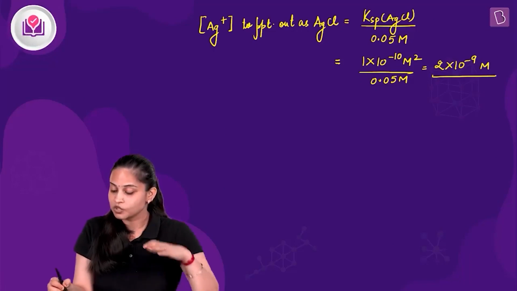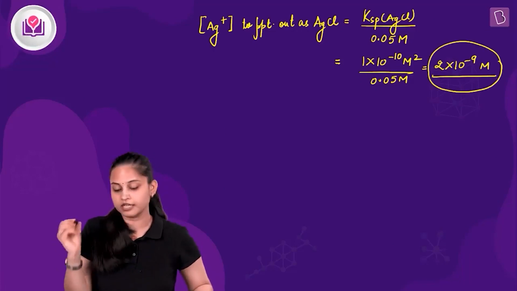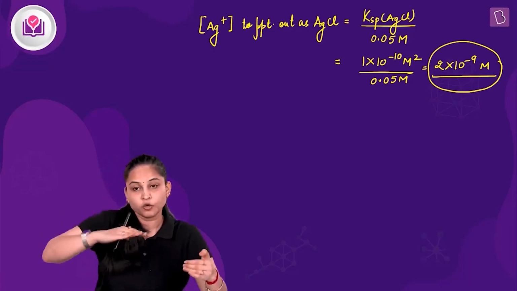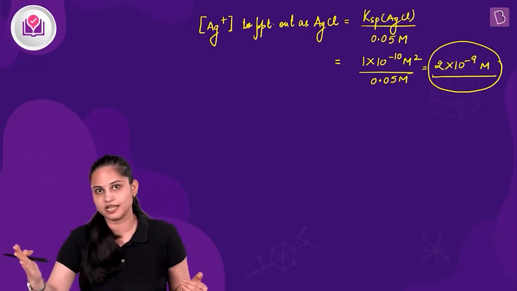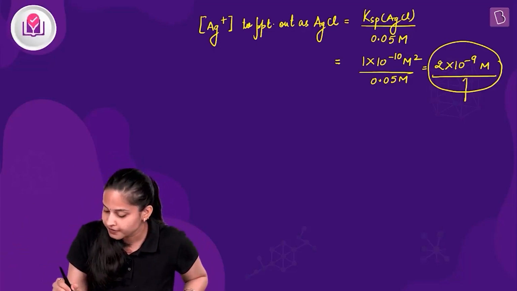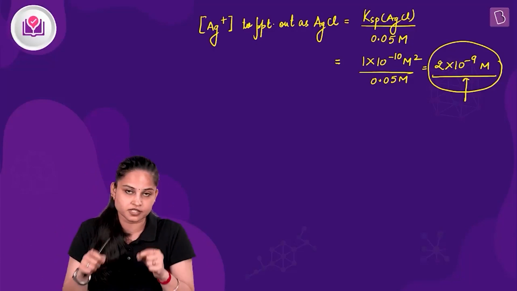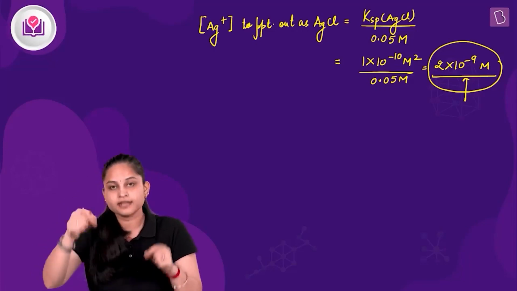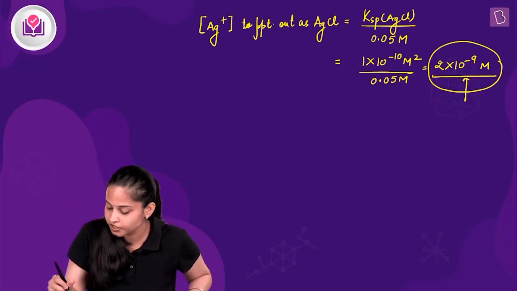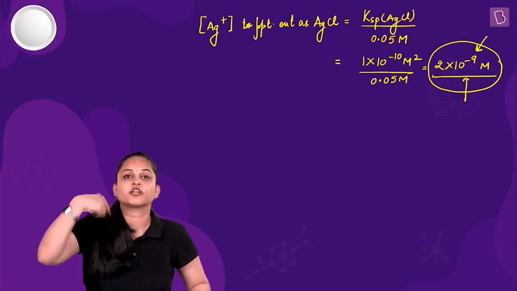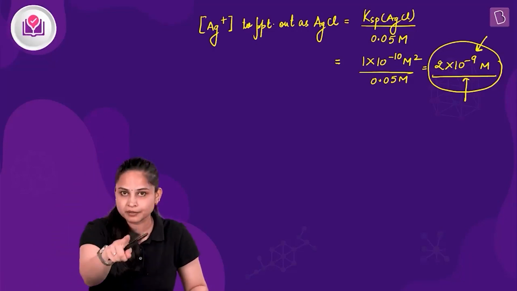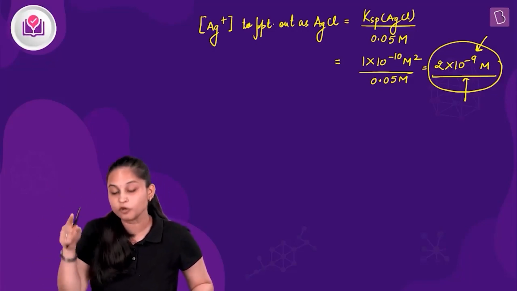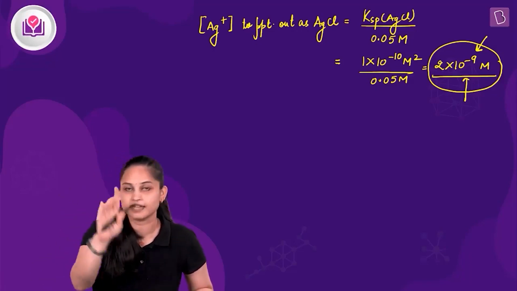That means this is the required concentration of Ag⁺ ion to precipitate out as AgCl. At this concentration of Ag⁺ ion, AgCl is going to precipitate out. I repeat myself: this is the concentration of Ag⁺ ion required to precipitate out as AgCl.